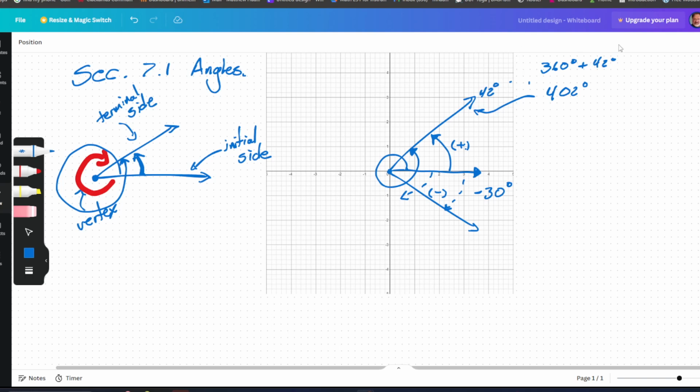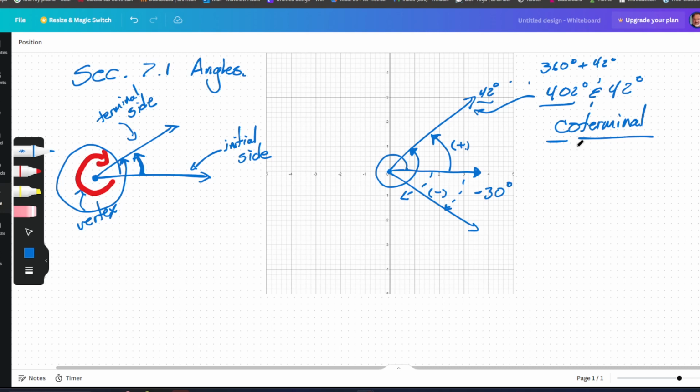And while the 42 degree angle and the 402 degree angle are different angles, because they share that terminal side, we tend to refer to them as coterminal angles. Which really is just what it sounds like. Two angles that terminate at the same corresponding location. They are coterminal.